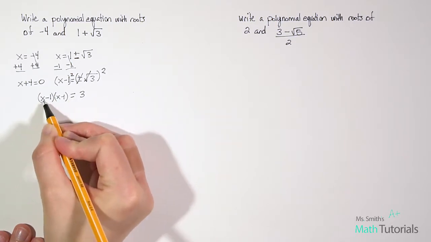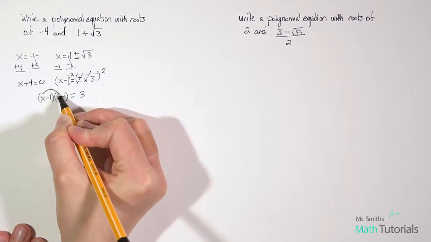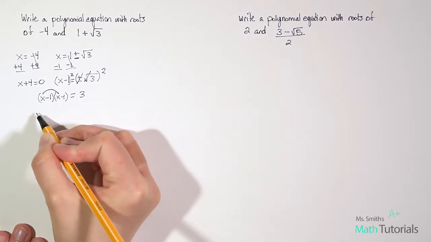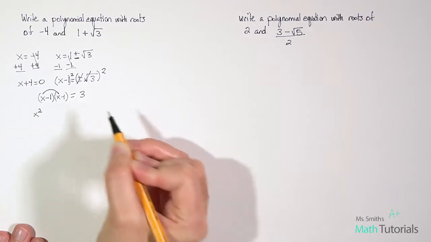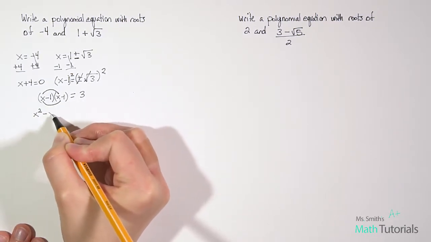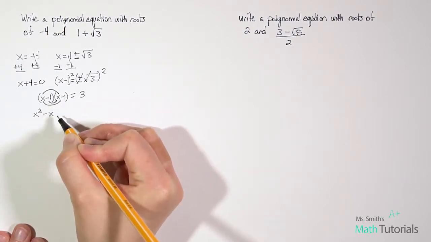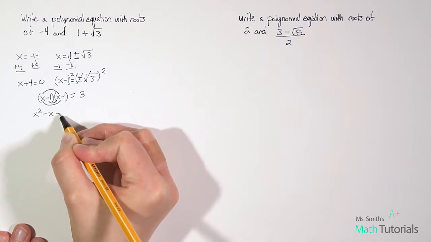So we can go ahead and simplify this binomial times a binomial by foiling. So first, x times x is x squared. Outer, x times negative 1 is negative x. Inner, negative 1 times x is negative 1x.